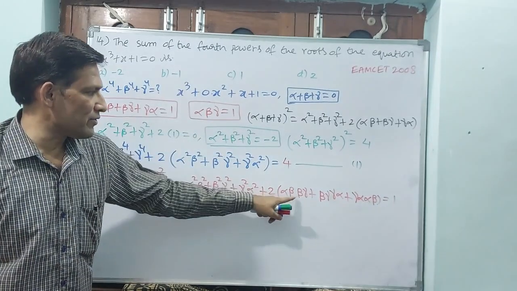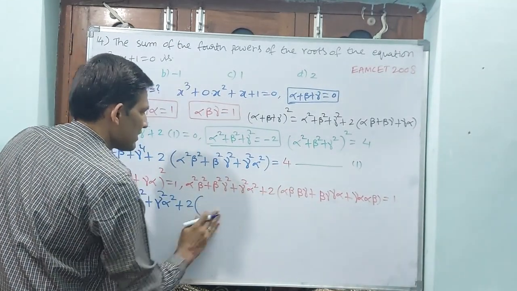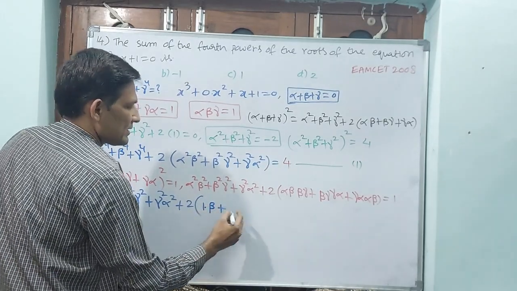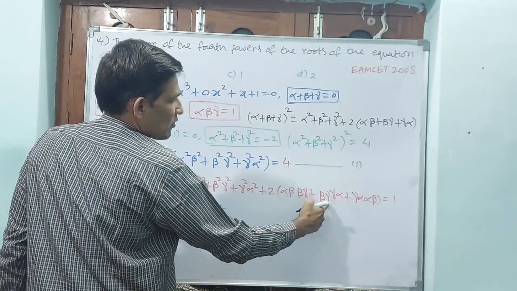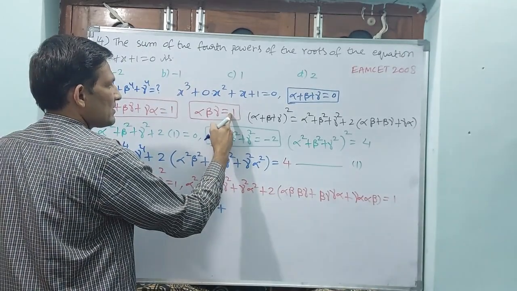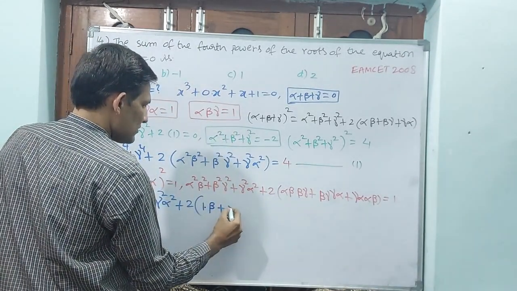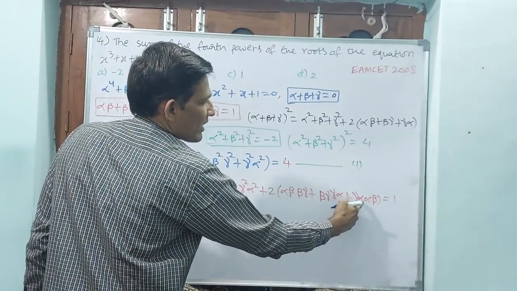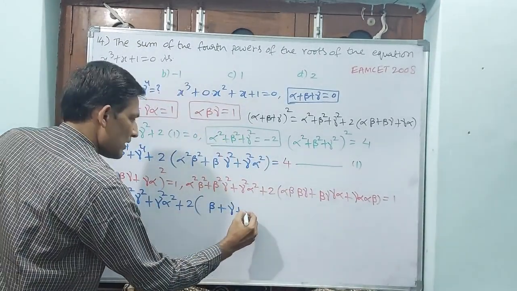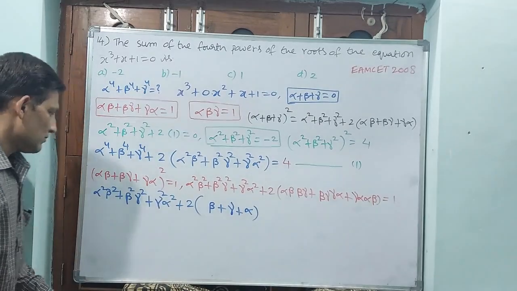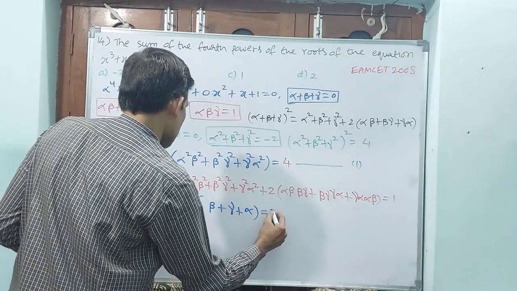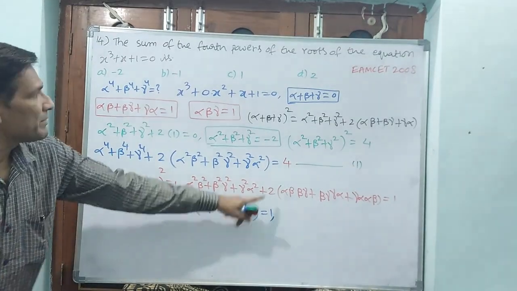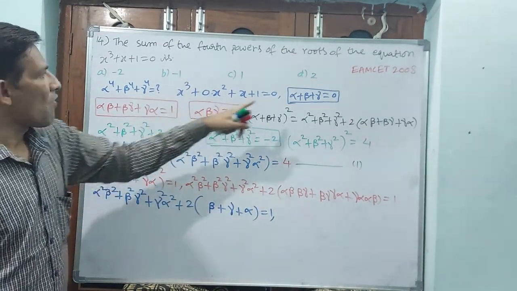That means 1 into beta, why should I waste time, 1 into beta plus 1 into gamma plus 1 into alpha. This is equal to 1. Now you see, alpha plus beta plus gamma value is also 0.